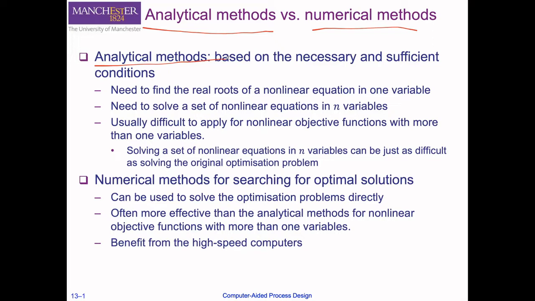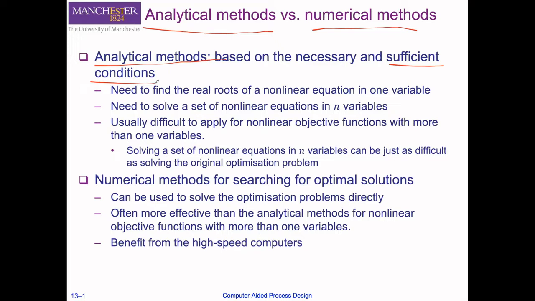That is, we let the first derivative or first partial derivatives be equal to 0. Then we use the sufficient conditions to classify the stationary points into minimum, maximum, or saddle point.